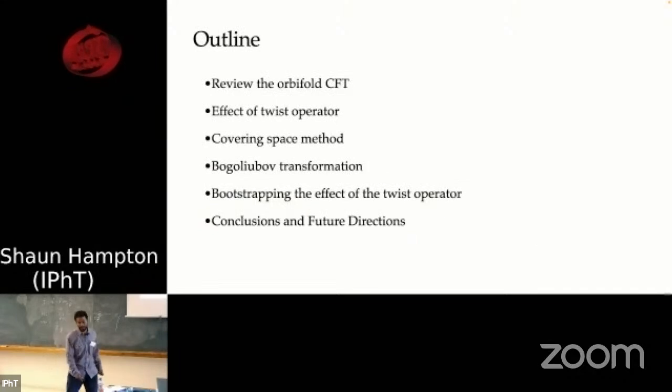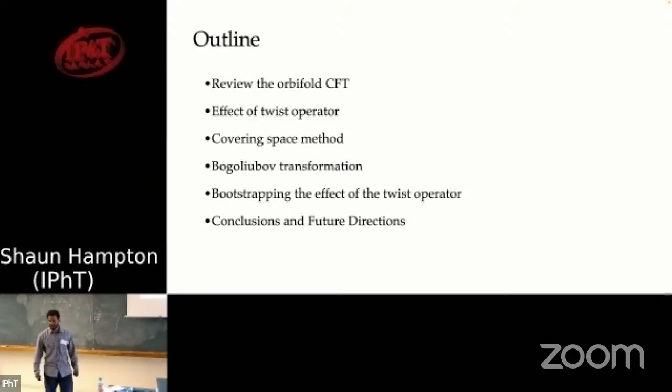And here's just an outline. This goes under the name of an orbifold CFT, so I'll review that. Then I'll talk about the effects of the twist operator, like what type of processes arise as a result of this.